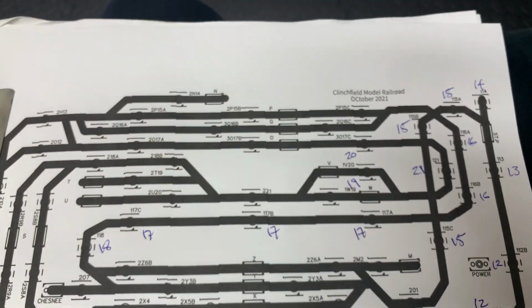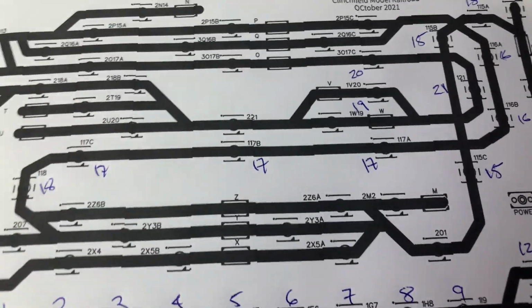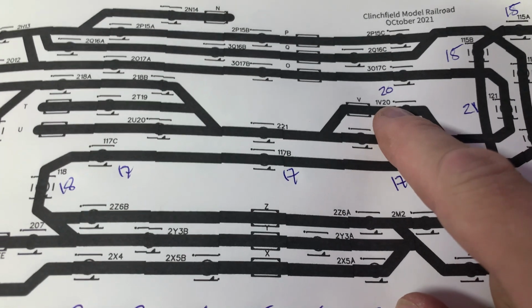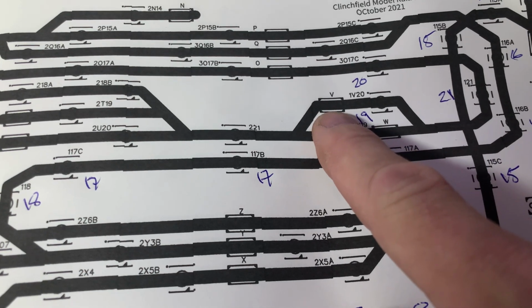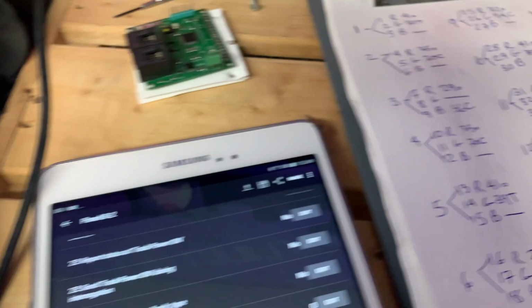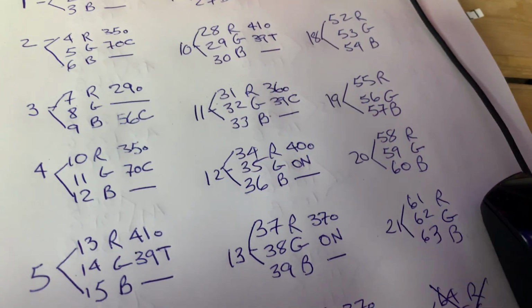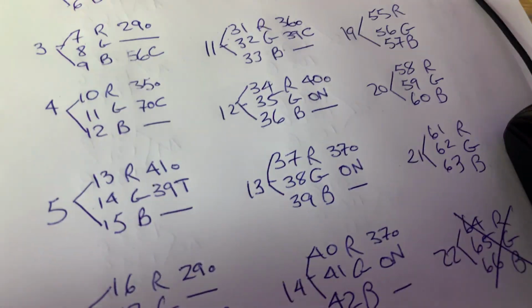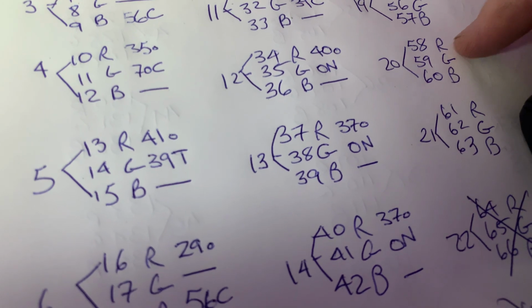So now that I know what they are, I'll have to go over here and say, okay, LED 20 is this one here. So what's the address for LED 20? I check here. LED 20 is address 58, 59, and 60. Excuse me, but you have to recall that on the other panel decoder board, they're RGB.